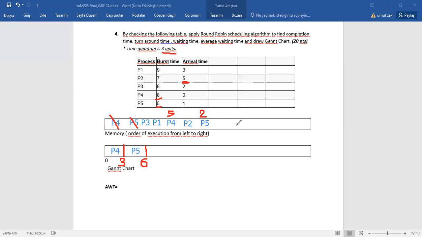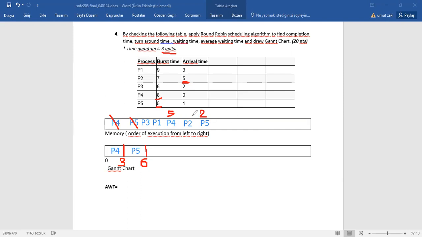So the main thing is when we execute one process, and this is happening in the beginning. Now we don't need to think about which process is already in the memory, because all processes are in main memory now.